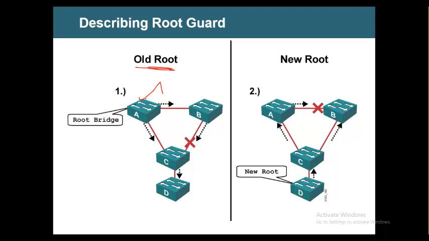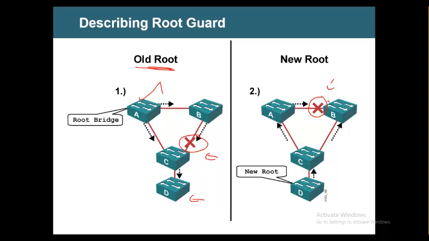Now, the attacker wants to make this switch the root switch because he doesn't want the blocking port here. He wants the blocking port to be here. So he wants to confuse the network, and he wants the blocking port to be shifted from here to there.